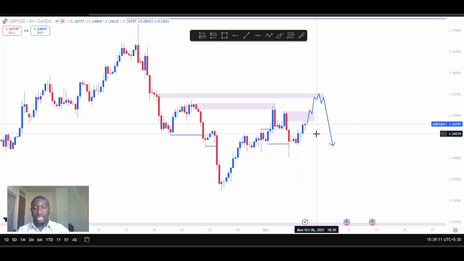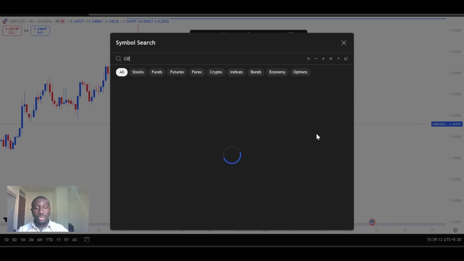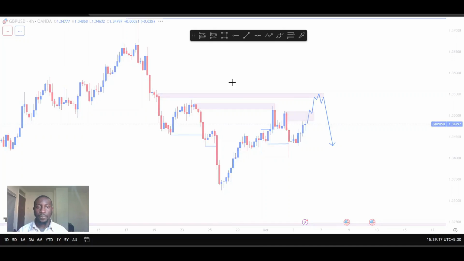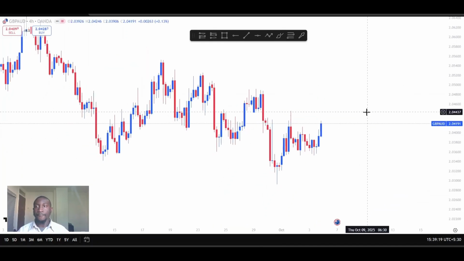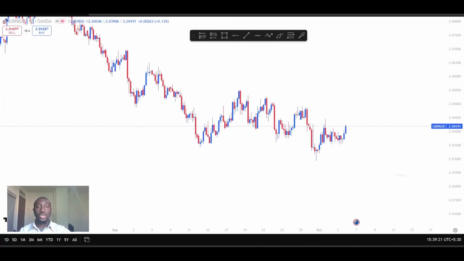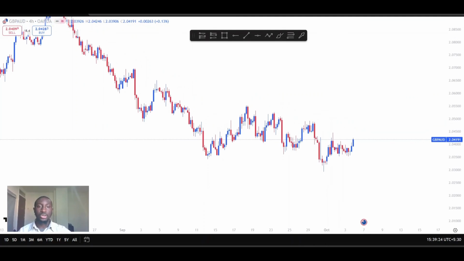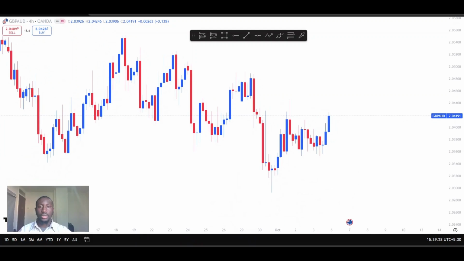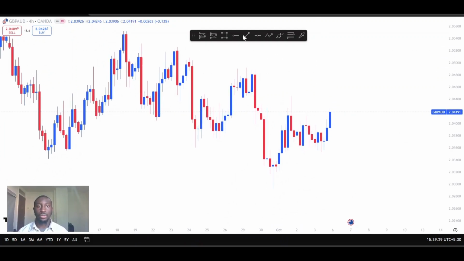So now let's see other pairs. Let's go to GBP/AUD. Now for GBP/AUD, if you see what GBP/AUD is doing, it is on a downtrend. So now what are you supposed to do? We're anticipating to sell. Now if you're looking at the structure, there was a break of structure from here.